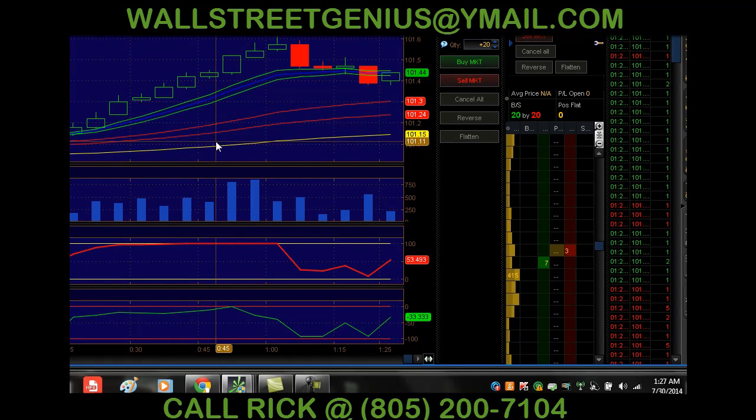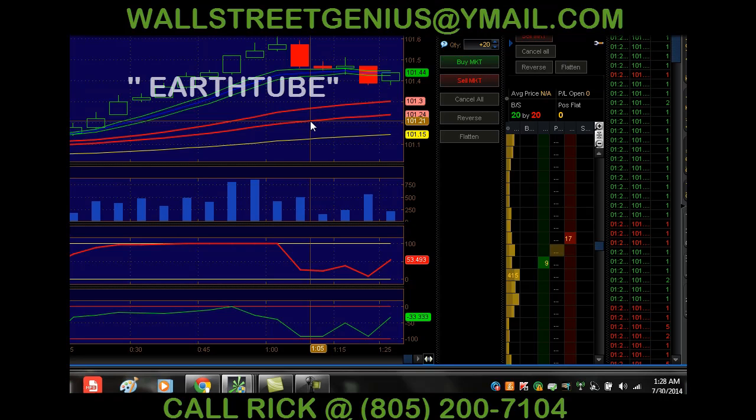The yellow line down here is just a 100 EMA, and this right here is what I call an earth tube. This brings oxygen to whatever stock or commodity I'm dealing with. This shows me when it's running out of oxygen and when it's beginning to collect it.